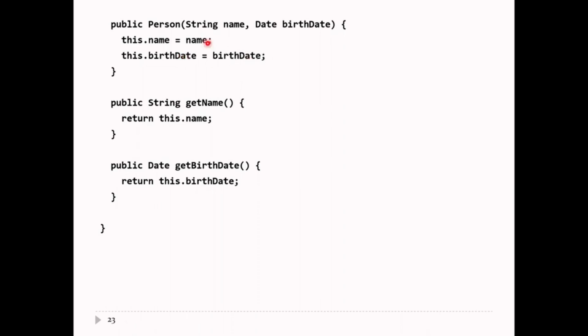Notice there's no new string object created here, and no new date object created here. When you return the name, you don't return a new string object. You just return a reference, whatever your field is. And when you return your birth date, you don't make a new date object. You just return your birth date.